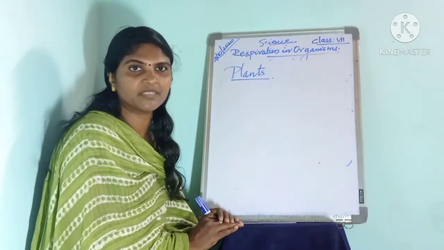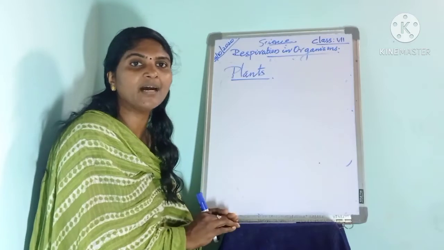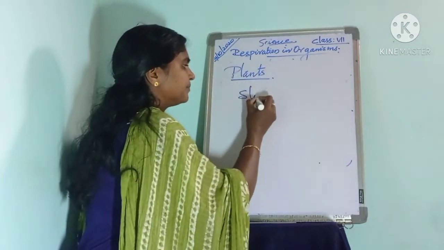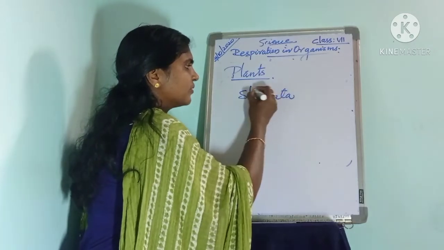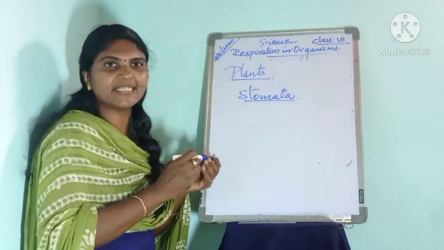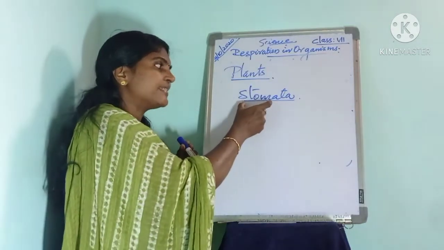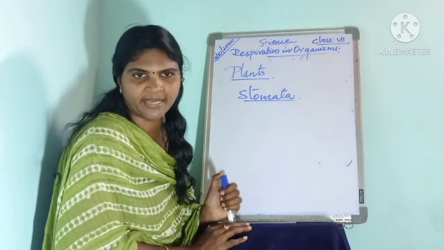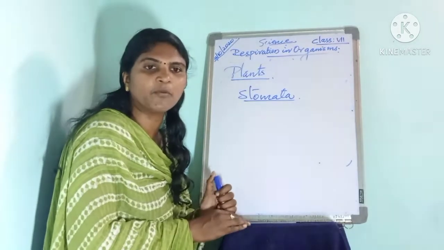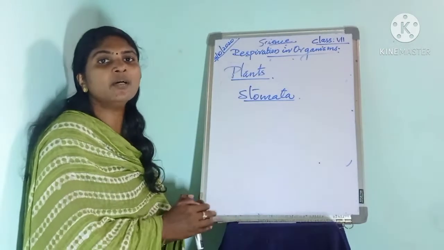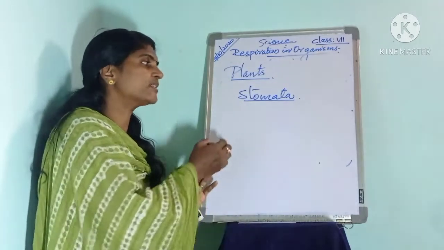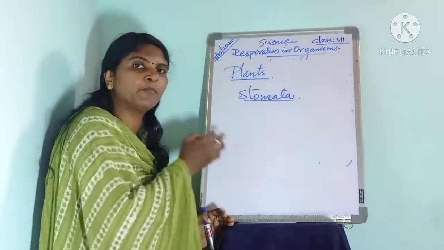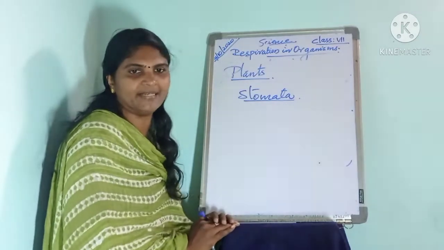These are the tiny holes or pores on the leaf surface, through which plants take in the oxygen present in the air. These stomata are large in number on the leaves.